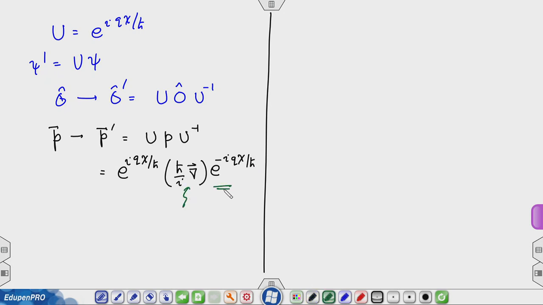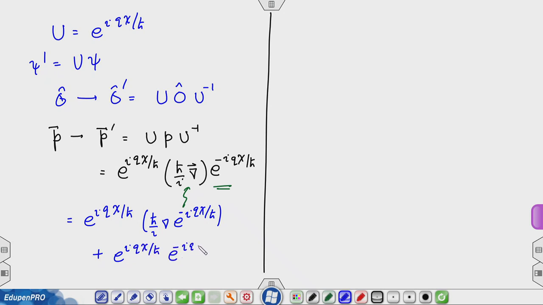So, this is going to give me e raised to i q chi over h cross times h cross over i grad of e raised to minus i q chi over h cross, acting on whatever it operates on after that, plus e raised to i q chi over h cross e raised to minus i q chi over h cross times h cross over i grad.